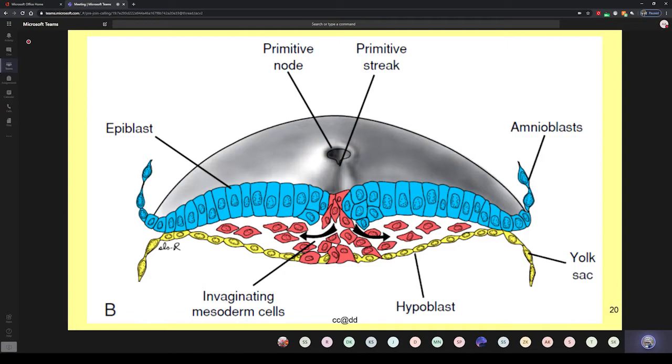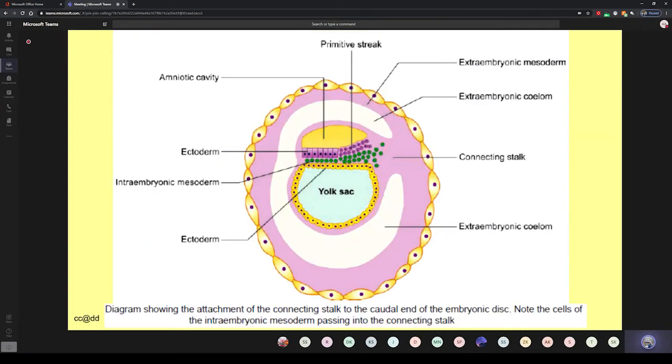Actually, it's coming up. The net is so slow. So just hang on a bit. Things will come up more.